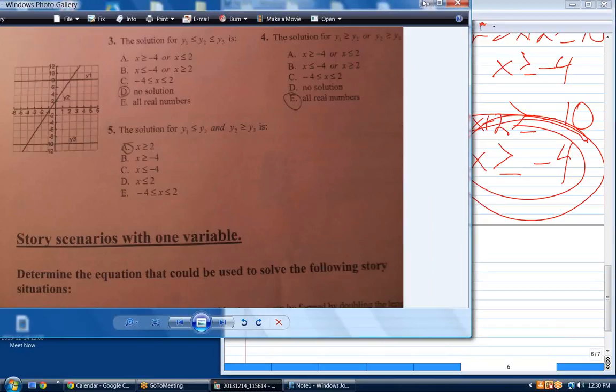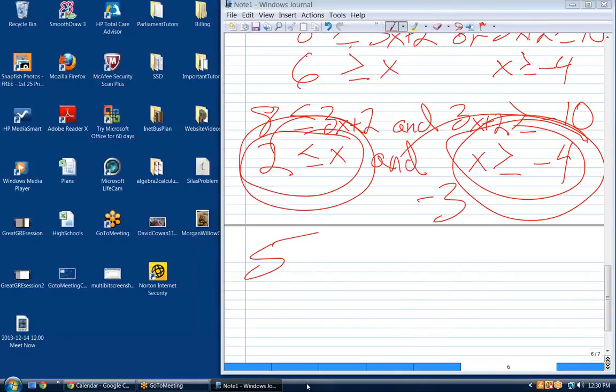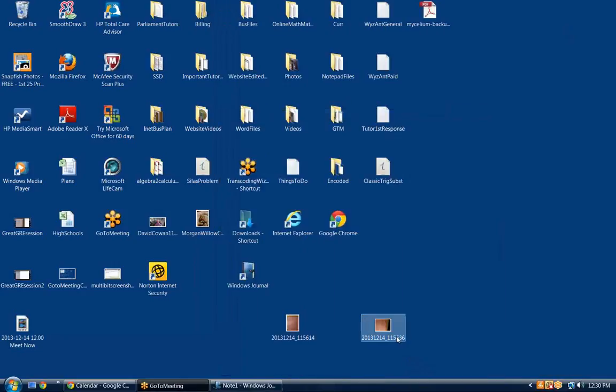All right, I need the next page. Yeah. Got it.